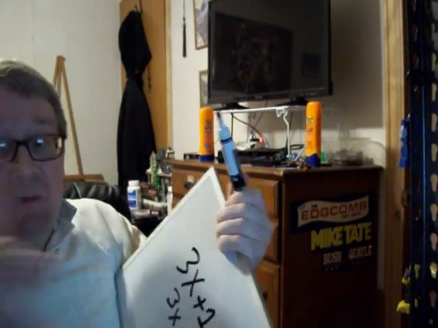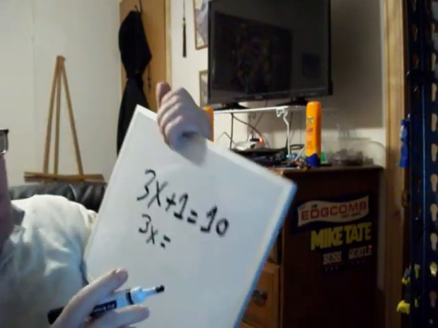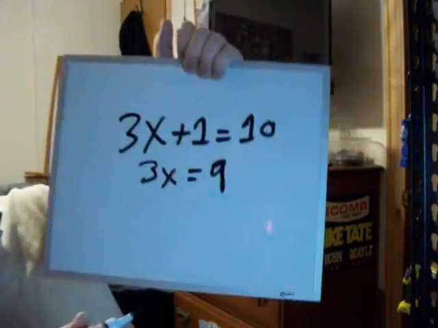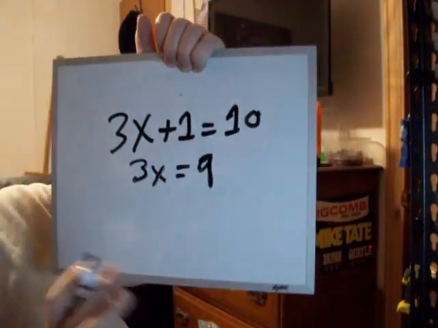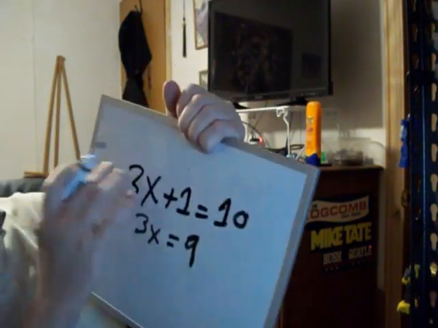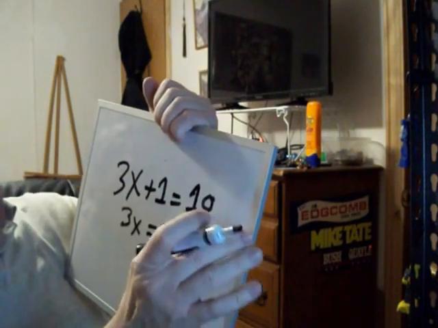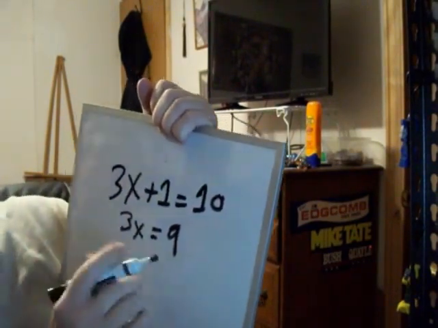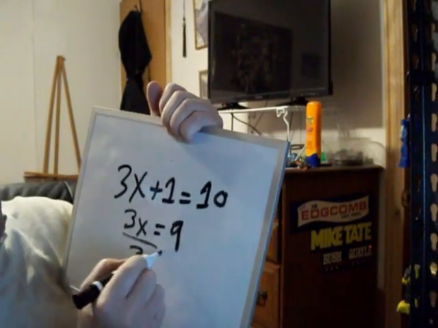Because we're going to subtract 1 from both sides of the equation, so that is actually 3x equals 9. My mistake. Wrong. Okay? We're subtracting this. We're going to move 1 away from this and 1 away from this side. And then you divide it by 3.